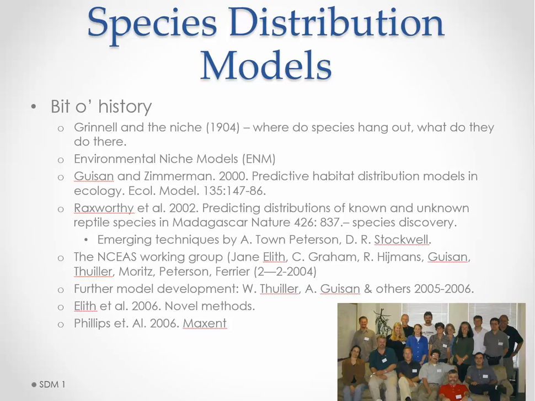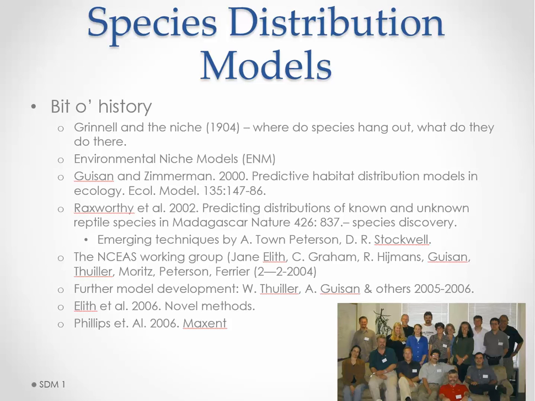But then it goes back to Grinnell in the early 1900s and the definition of a niche, and there are environmental niche models. Right around 2000 you see this amazing flourishing of the literature, with Antoine Guisan and Zimmermann in 2000 publishing the paper Predictive Habitat Distribution Models in Ecology, and I'll show later the absolute explosion of literature following this sort of work.